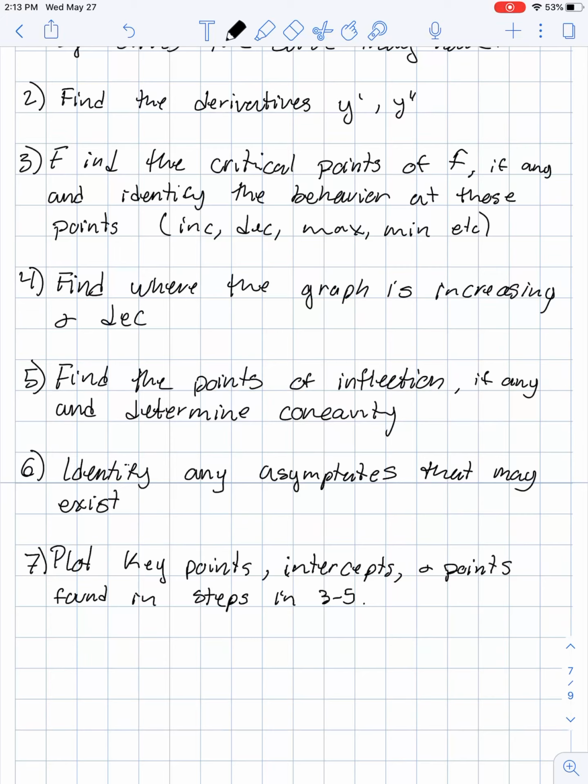And then put it all together with asymptotes, concavity, and behavior. So we're going to sketch the graph using all other information. So concavity, increasing and decreasing, asymptotes, and everything like that.